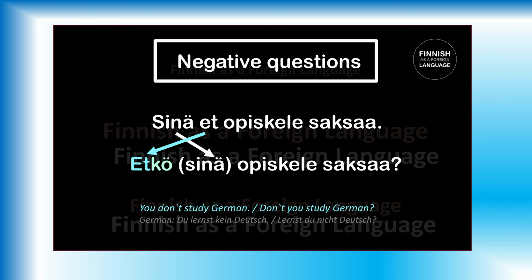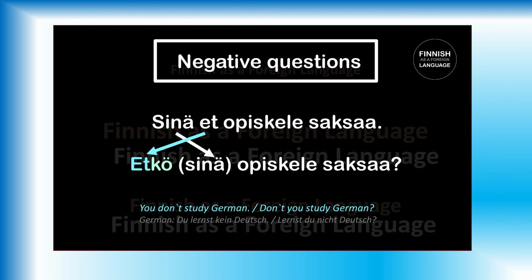So we have etkö opiskele saksaa, meaning don't you study German? First we had you don't study German, and because we want to have a negative question, we changed it to don't you study German? Let's repeat again. Sinä et opiskele saksaa, etkö opiskele saksaa?